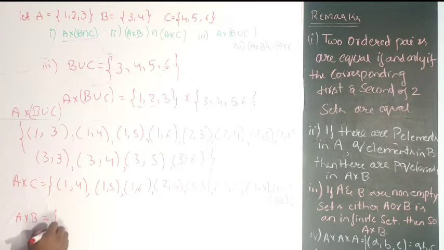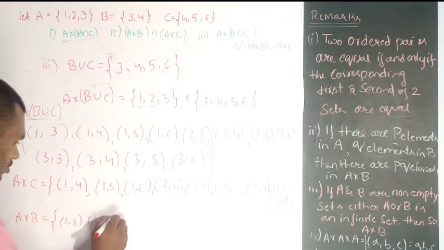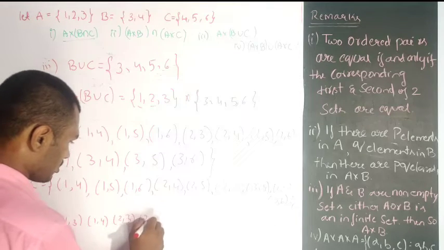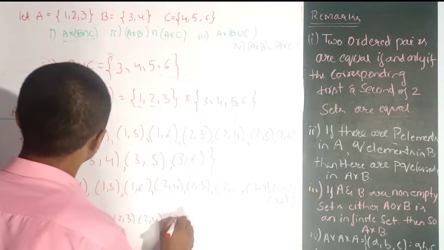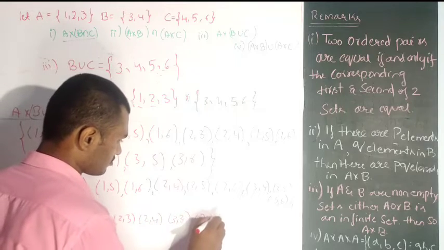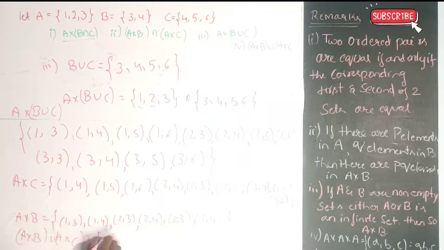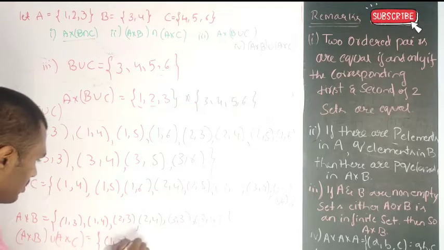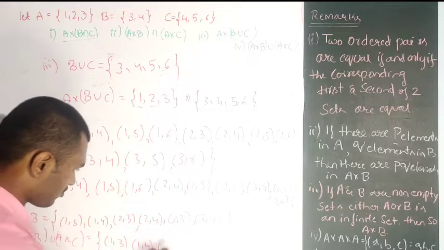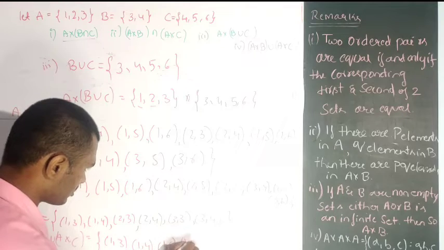So here we have A cross B, right? 1, 3, 1, 4, 2, 3, 2, 4, 3, 3, 3, 4. So union this. A cross B union A cross C. First is 1, 3, 1, 4, 1, 5, 1, 6.